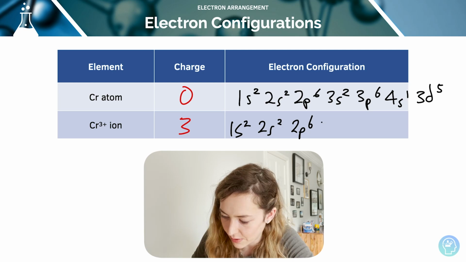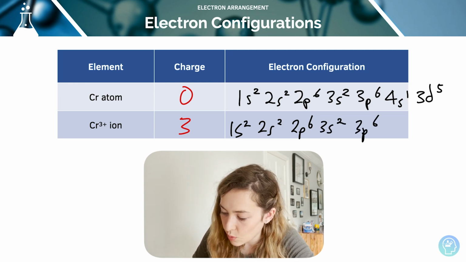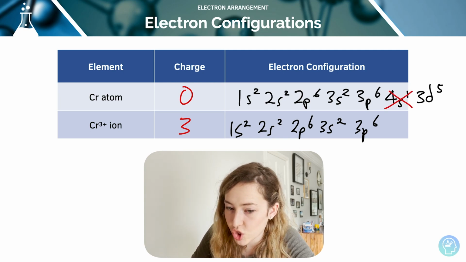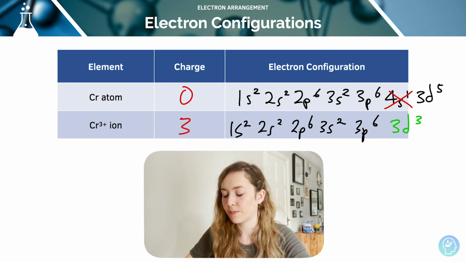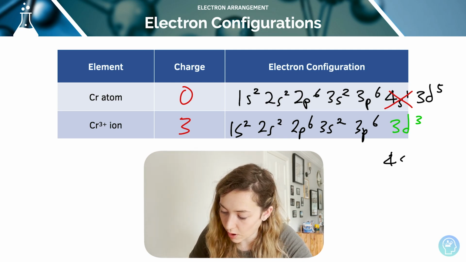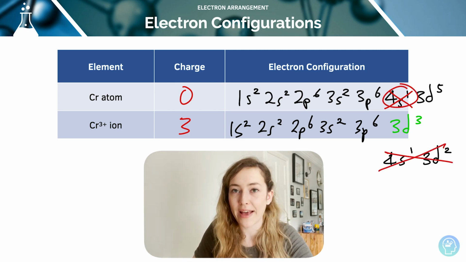So we don't lose any of them down here. So this is all going to be the same, 3p6. But we're going to lose our 4s first, and then we're going to lose 2 from our 3d, which is going to leave us with 3d3 left over. So some students might instead write the ending as 4s1, 3d2. That is incorrect. We lose them from the 4s first.